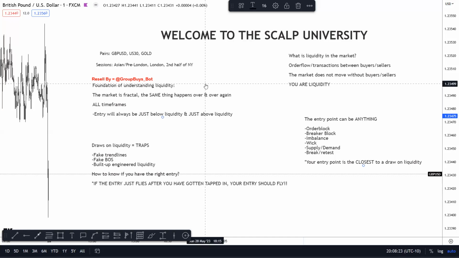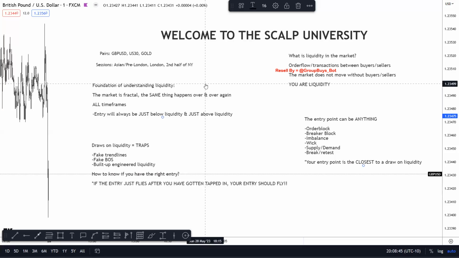Now, the foundation of understanding liquidity is to always remember that the market is fractal. The same thing happens over and over again. So I need you to remember that. And this is really important in my foundation for reading liquidity.